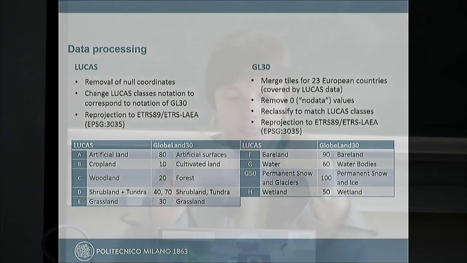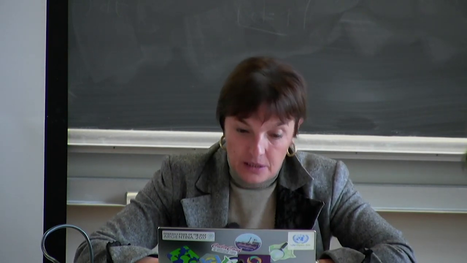So I have to decide that, for instance, artificial land in Lucas corresponds to artificial surfaces in Global 30, that cropland corresponds to cultivated land, that shrubland and tundra correspond to shrubland tundra, and woodland corresponds to forest, and so on.